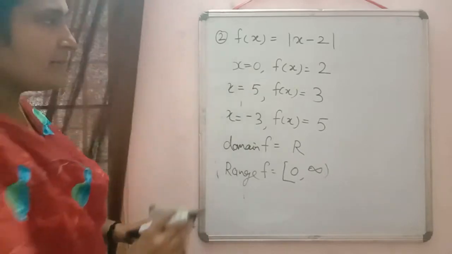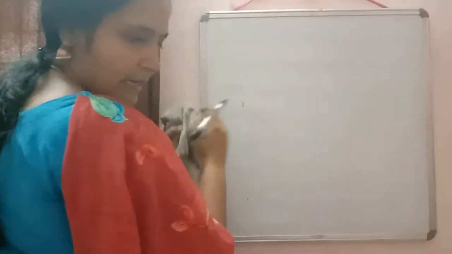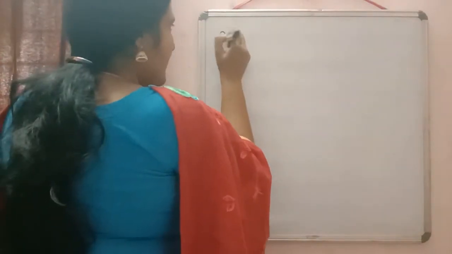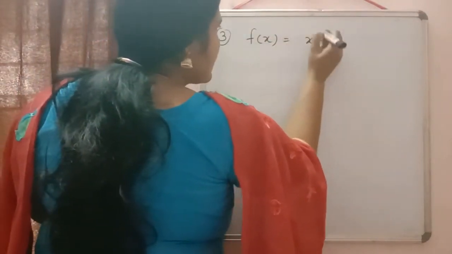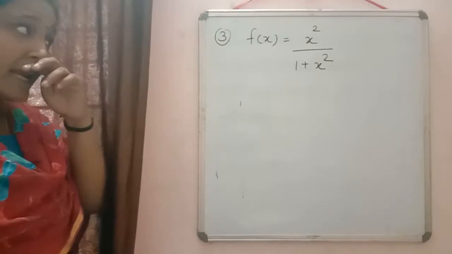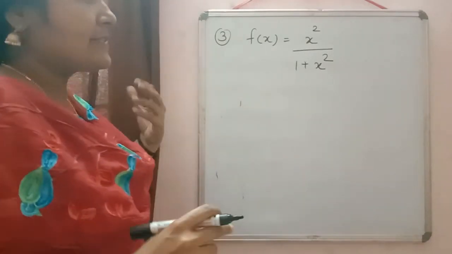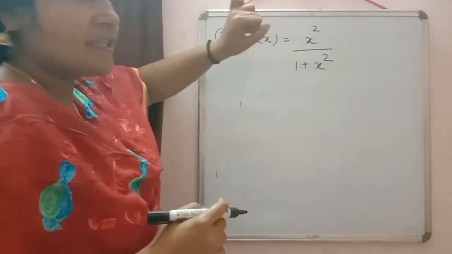Third question is, f of x is equal to x square by 1 plus x square. Again, first we will check which value x will not take there. So normally it is coming in the form of rational numbers.